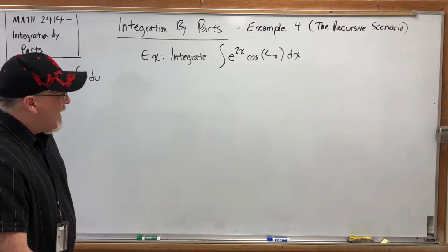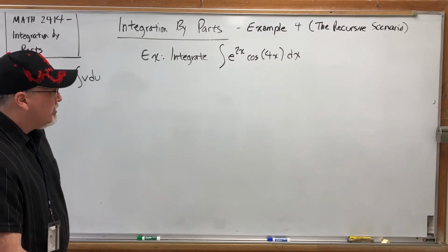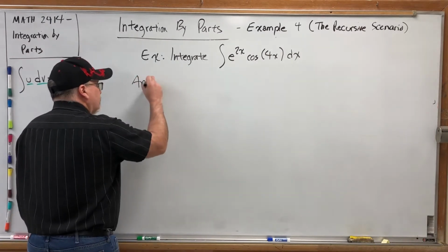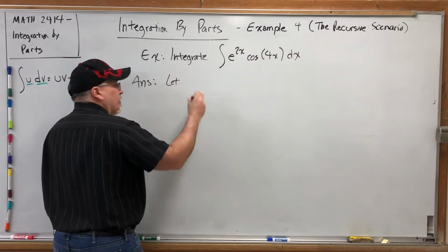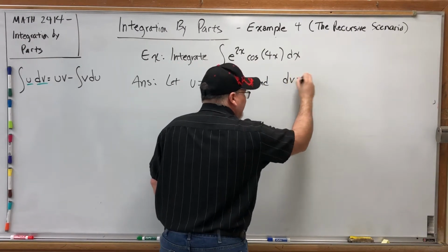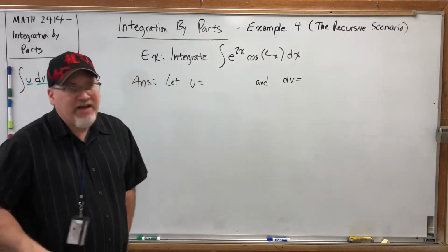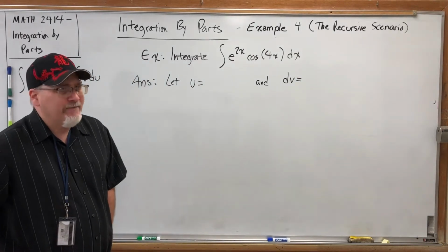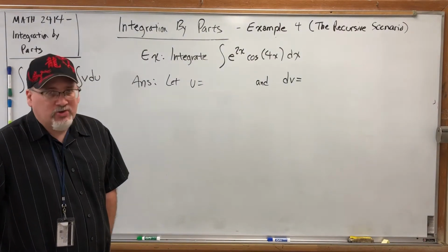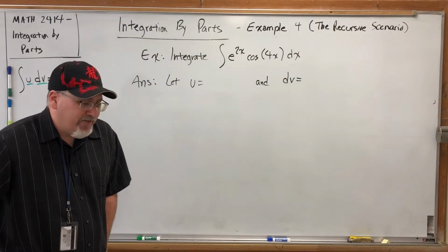So what would happen if we tried to do integration by parts? Well, let's just try it. First, we have to decide what to let u equal and what to let dv equal. As I just mentioned, I can integrate both halves of this product, and I can differentiate both halves. So there doesn't seem to be a clear-cut choice as to which to let be the u and which to let be the dv.